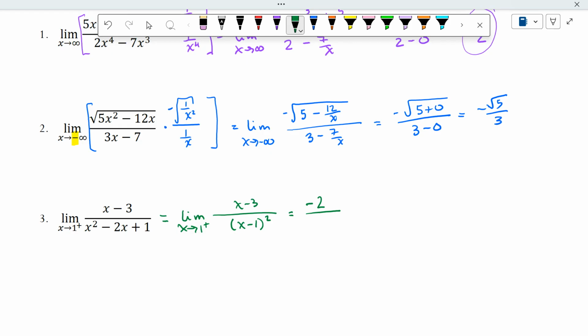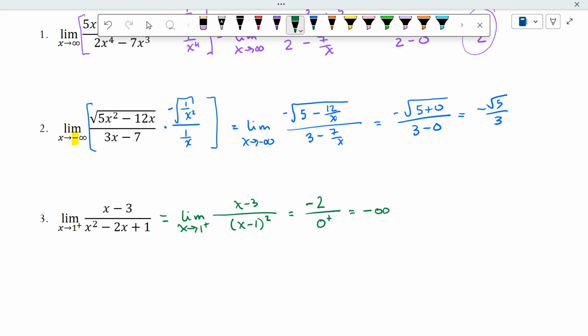And when I plug in a number slightly larger than 1 and then subtract 1 and then square it, what's that going to give me? Negative divided by a positive is going to be a negative. A number divided by almost 0 is going to get me an infinity.